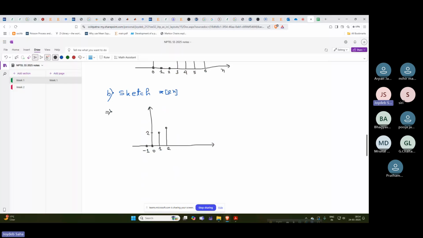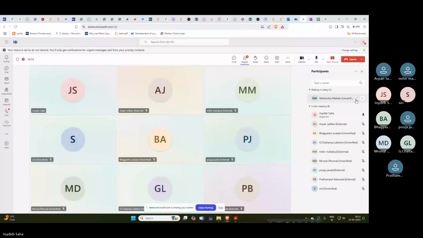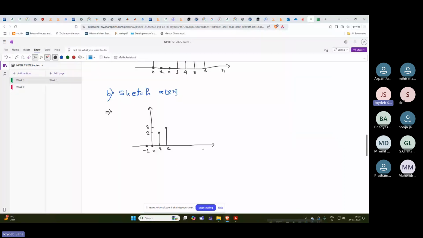This is 2, 3. Okay, anything else? No. So this is n, this is x of 2n.